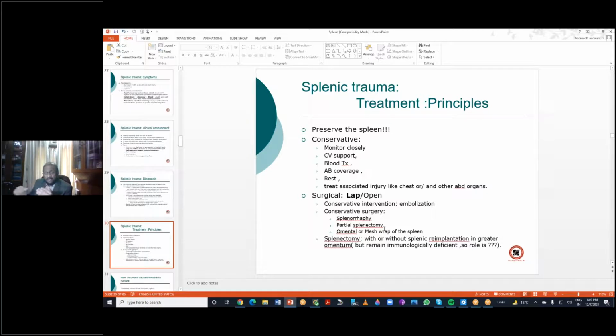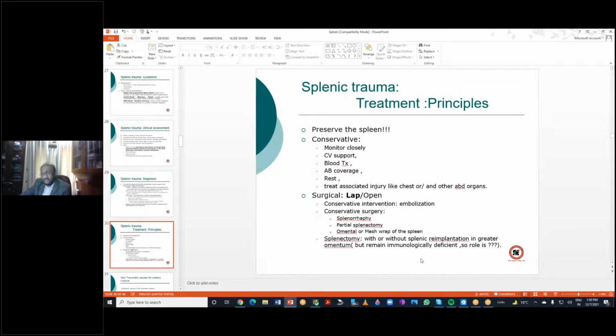But if you're not able to do any of these relatively conservative methods of management, then you have to go in for splenectomy. And what has been advised is that when you're doing a splenectomy, you can mash the splenic pulp once you have removed it and re-implant it into the omentum. That is the best site to reimplant. Now, the initial contention was that it would give immunological benefit to the patient.